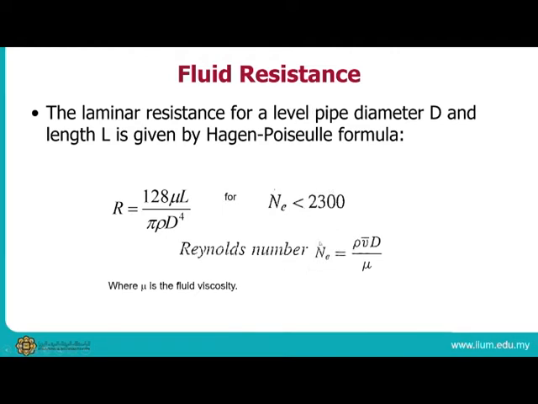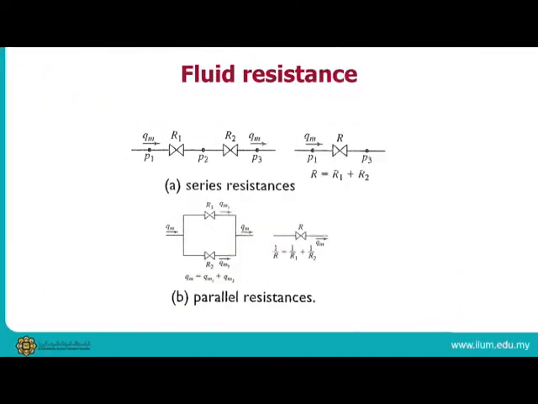The Reynolds number is given by this formula. For fluid resistance, it is similar to resistance in a circuit: if you put them in series, you add the resistances. If you put them in parallel, you inverse the resistance numbers.